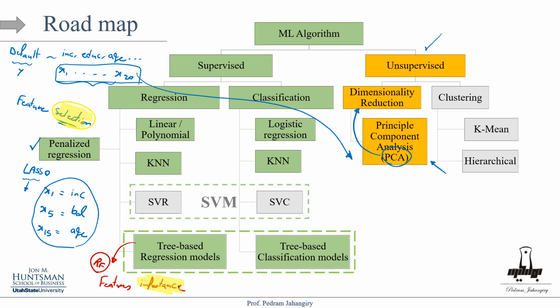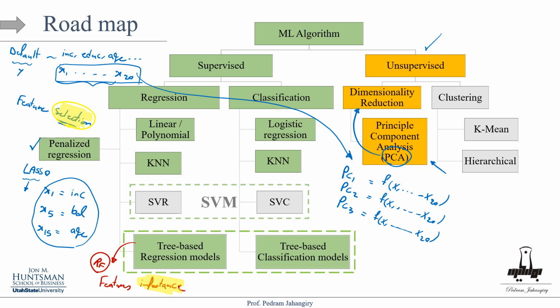And the answer is yes, right? So we're going to find those components, let's say PC1, PC2. And here's the difference. This principal component 1 is a function of all the features, not only, for example, X1. It's all the features that we have. Component 2 is a function of all the features, X1 through X20, and component 3 is a function of all the features.